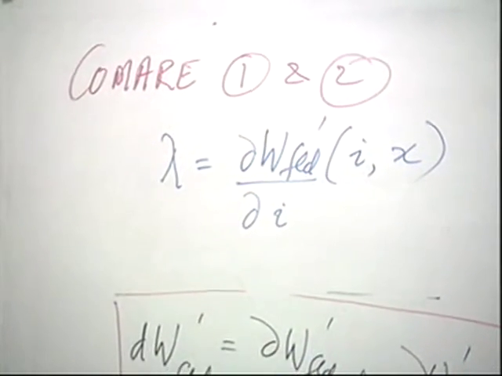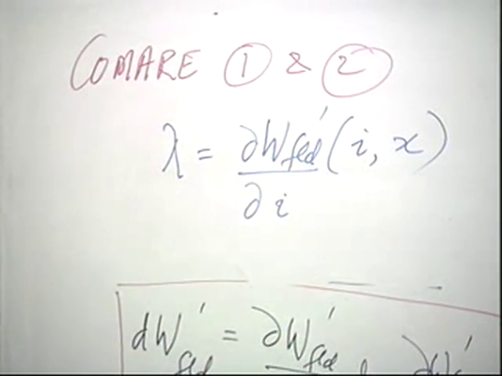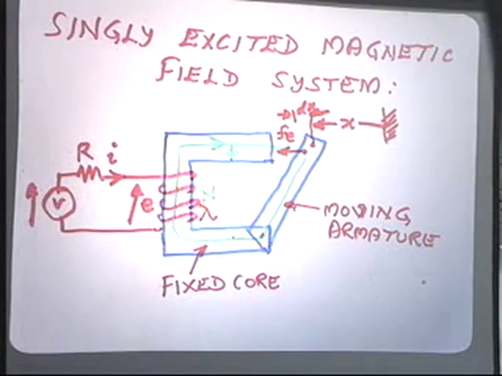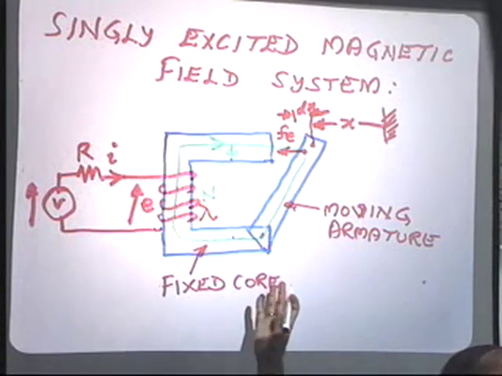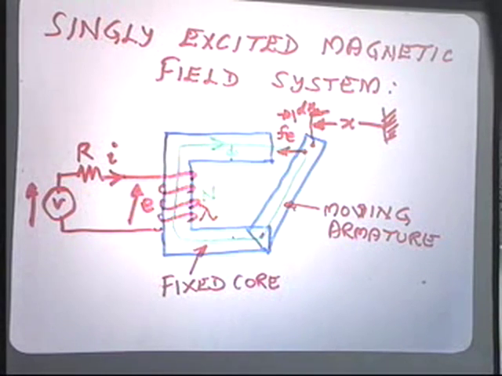Okay. So whatever is the singly excited system we are talking about, we also define another quantity W field dash to get this.